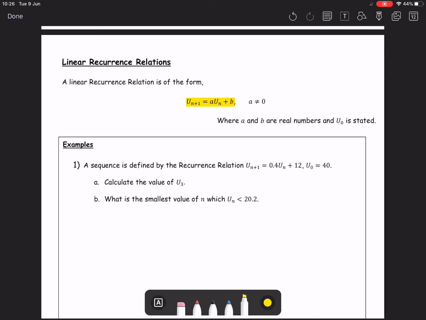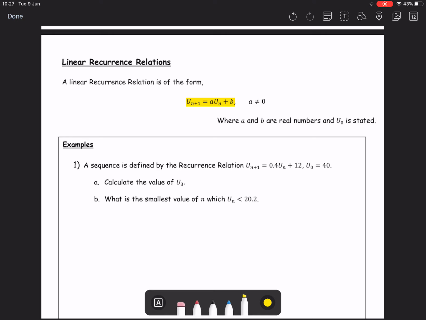It's general for the whole sequence, where a and b are real numbers and u naught is stated. So we would look for a u naught value to be able to work out particular terms. In a type of question later on in the topic, you actually don't need the starting value, because you're looking at the sequence as a whole.